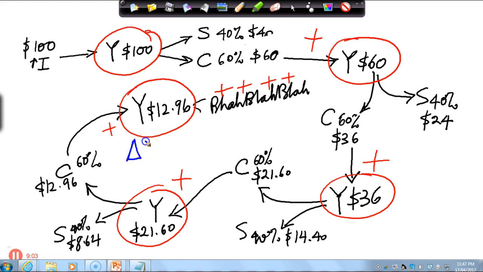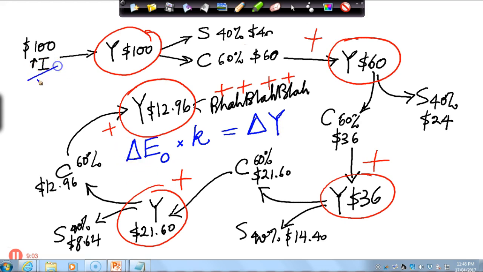The change in autonomous expenditure, and I'll indicate autonomous expenditure with a little O, a subscript 0, times the multiplier equals the change in income overall.